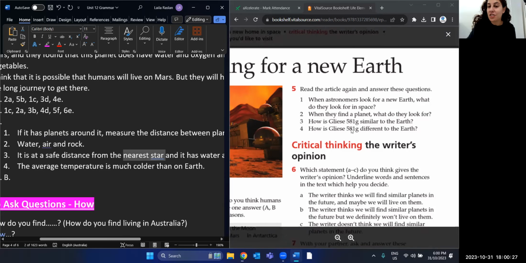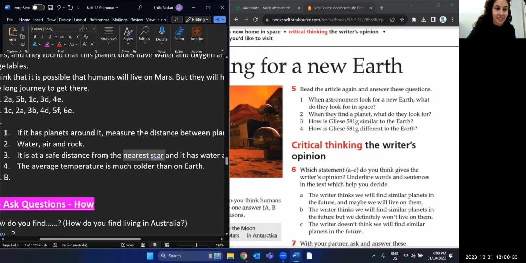And how is Gliese 581G different to Earth? That's in the last paragraph. It is bigger. Yes. It is bigger. And yep, and the days are, and it has only 37 days.